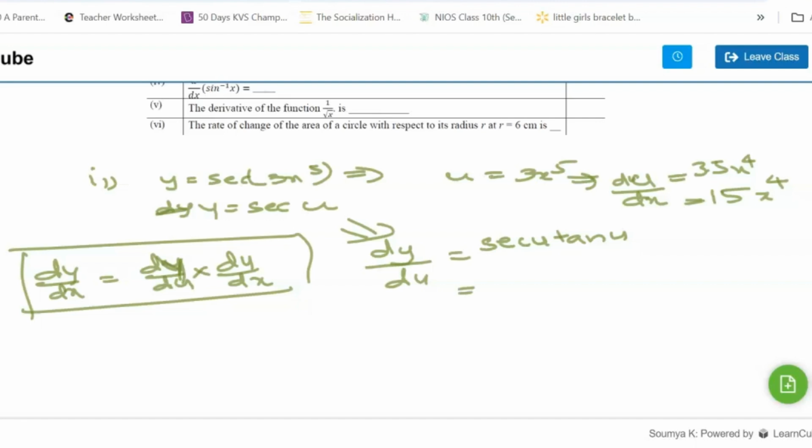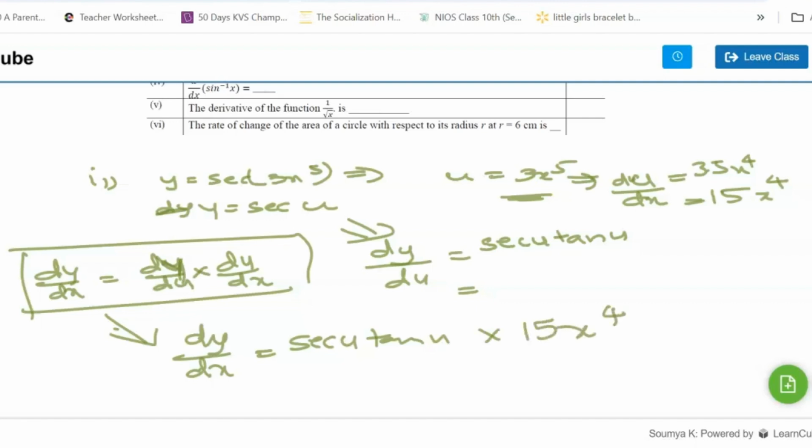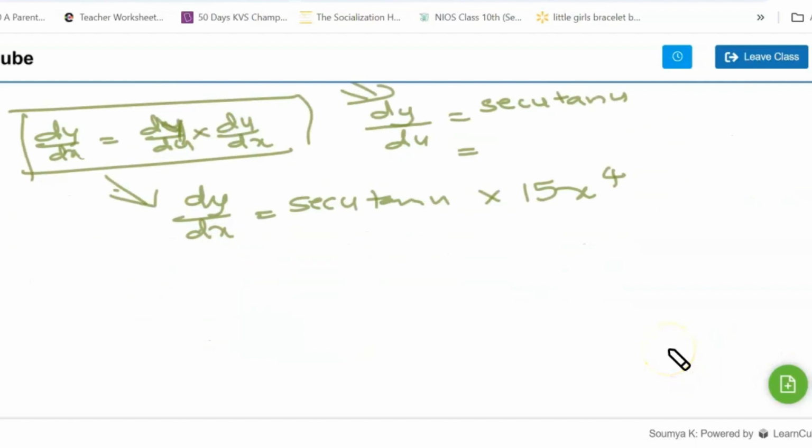Now we have to open this bracket and solve it. So u can be substituted with this 3x raised to 5. So instead we can substitute into this chain rule. So dy by dx ultimately will give you dy by du, which is sec u tan u, into du by dx, which is 15x raised to 4.